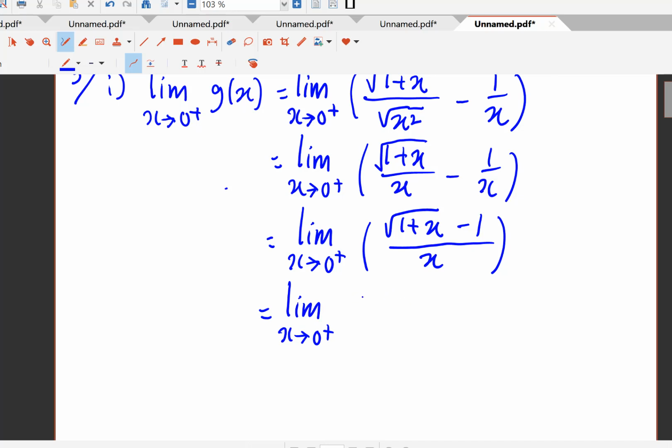By the conjugate method, after tidying up, you would arrive at this line. And then this gives you half. So for part 1, again, if the method is correct, answer is correct, 2 marks. If the method is correct but answer is wrong, it is only 1 mark.